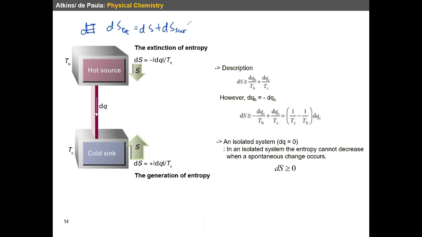And this should be bigger than 0. So the meaning of the entropy being bigger than 0 is that the system changes spontaneously to a random motion.